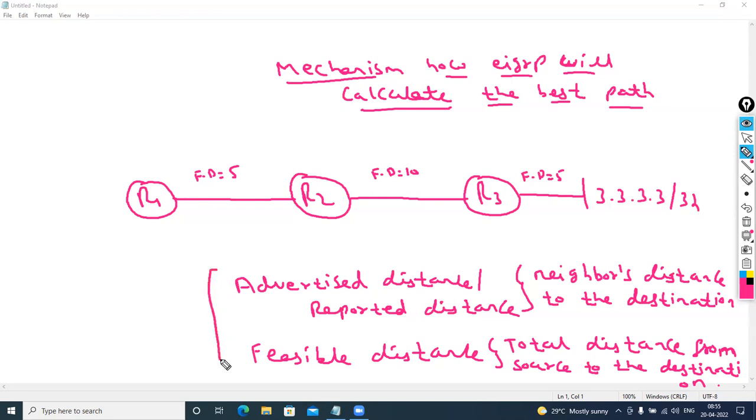This AD and feasible distance you will see in the topology table.